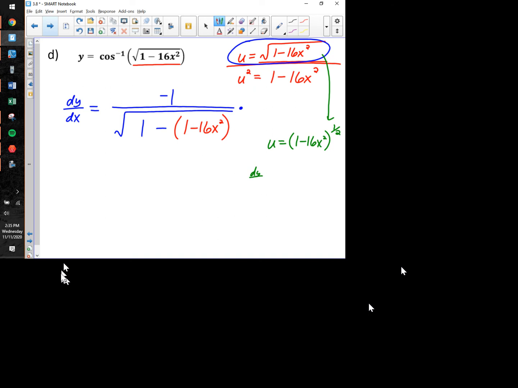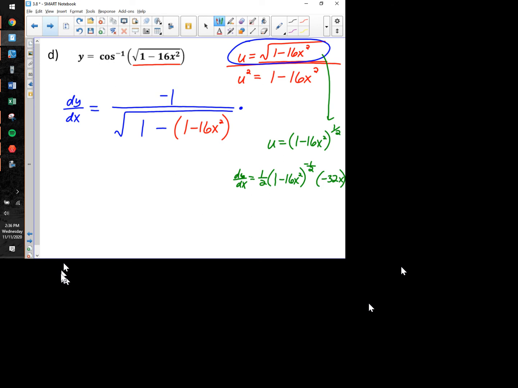The derivative of u with respect to x is going to be 1/2 times 1 minus 16x squared, drop the power by 1, that's a negative 1/2, times the derivative within. And the derivative of 1 minus 16x squared is going to be a minus 32x.